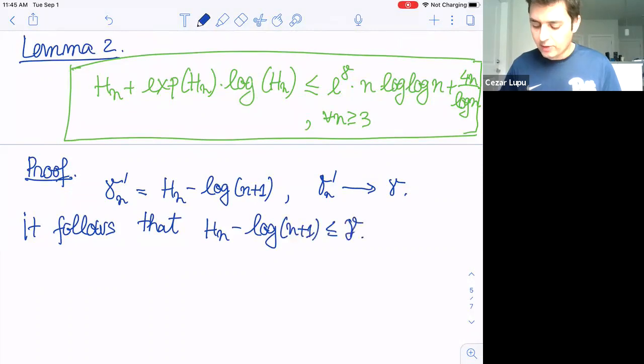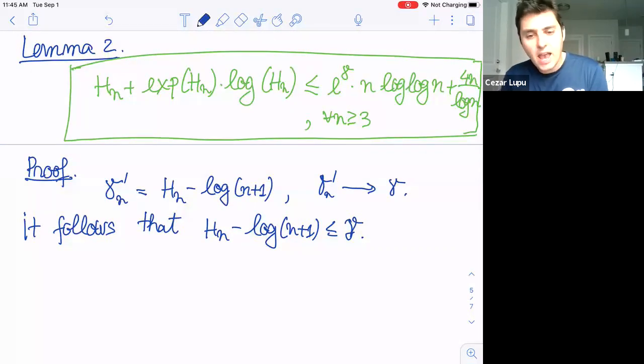In the first case it was greater or equal than gamma; in this case it is less or equal than gamma. In any case, if you look at the monotonicity of these two sequences, everything boils down to log of n plus 1 minus log of n being between 1 over n plus 1 and 1 over n, which can be proved in many ways. So everything just boils down to that double inequality, so I'm not getting into details. Okay, so this is the inequality I have.